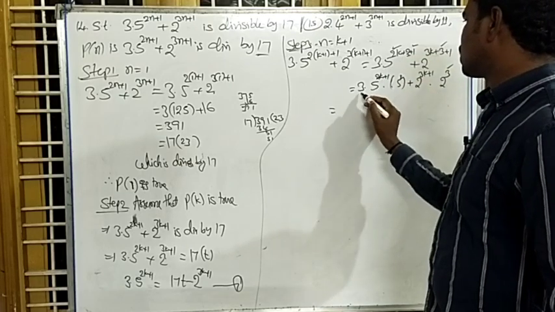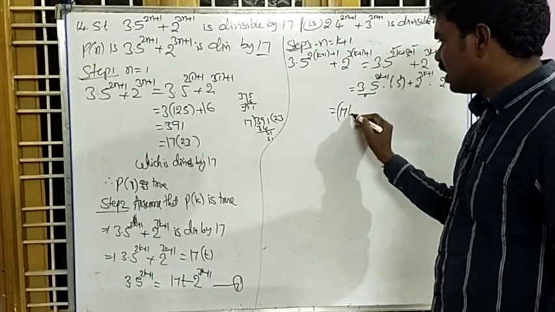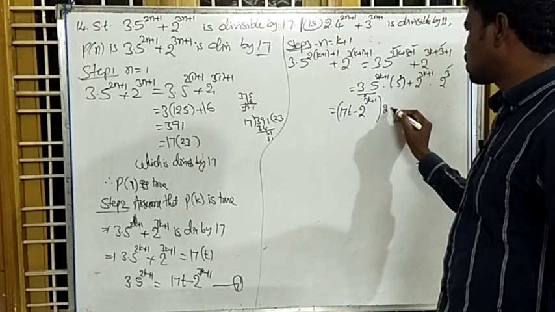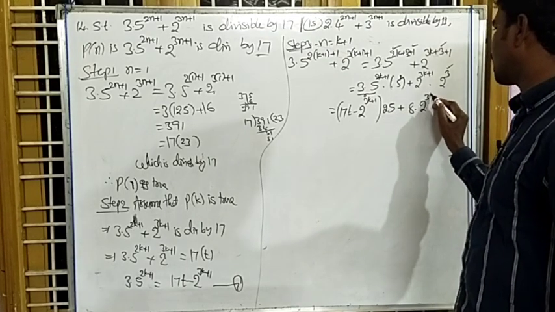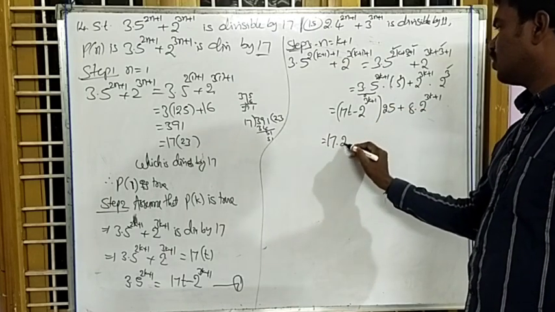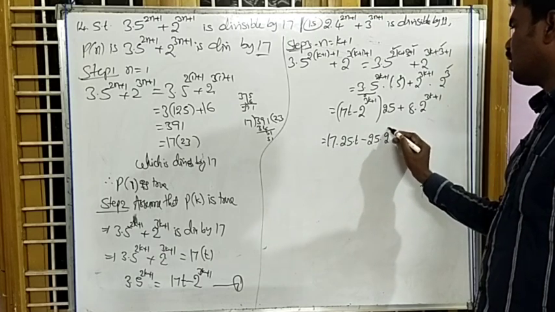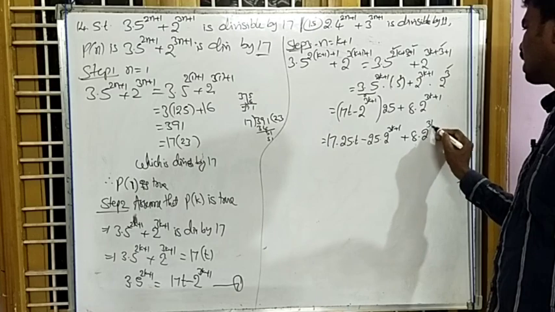Now the value of 3 into 5 power 2k plus 1 from equation 1 is 17t minus 2 power 3k plus 1, and 5 square means 25, plus 2 cube means 8 into 2 power 3k plus 1. So 17 into 25 into t minus 25 into 2 power 3k plus 1, plus 8 into 2 power 3k plus 1.